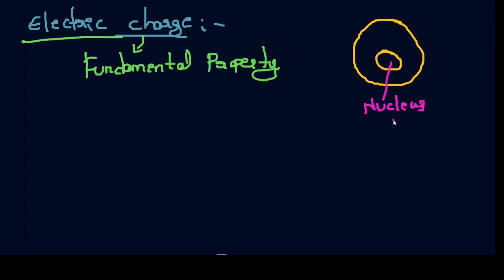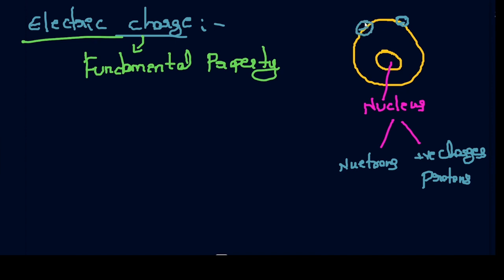In this nucleus, we can see two types of particles. They are neutrons and positive charges. These positive charges are known as protons. Got it? Now around this nucleus, there are negatively charged particles which revolve around it. These are known as electrons.